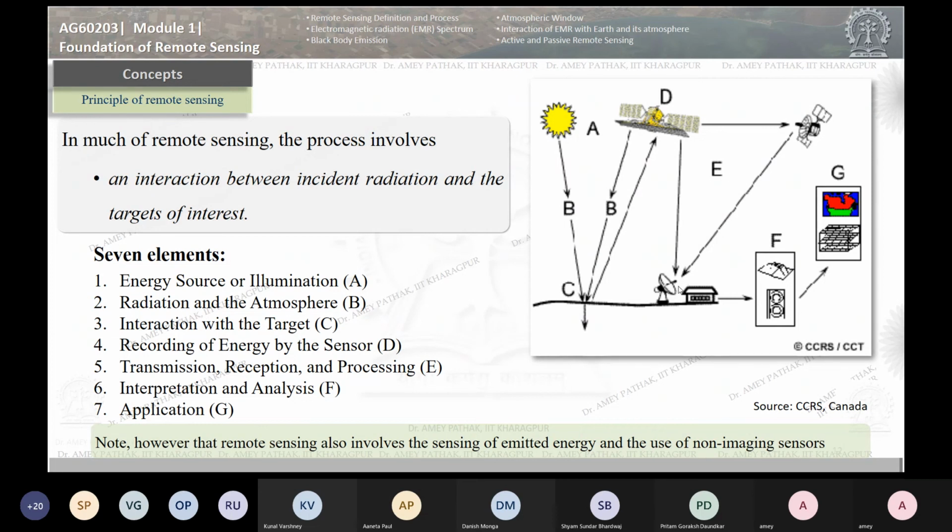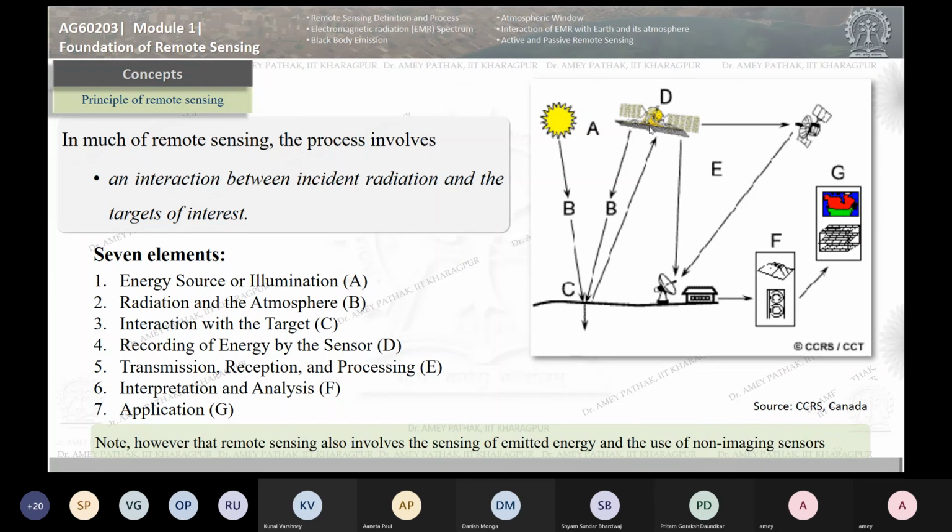Once this electronic signal is received, the satellite does not know whether it is an object or what it is. It just receives the electrical signal. It does not have any image either.